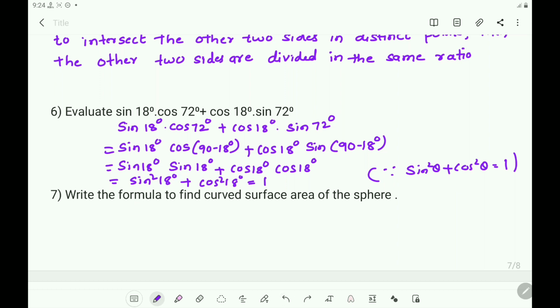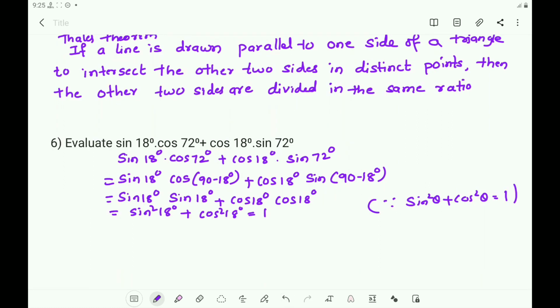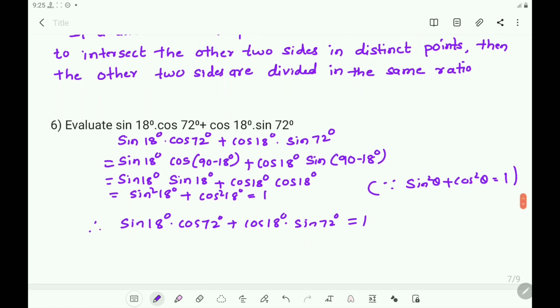So it is 1. Therefore you write sine 18 degree cos 72 degree plus cos 18 degree sine 72 degree is equal to 1.